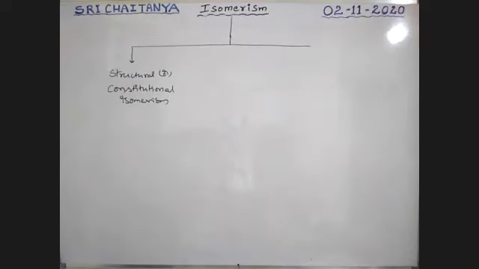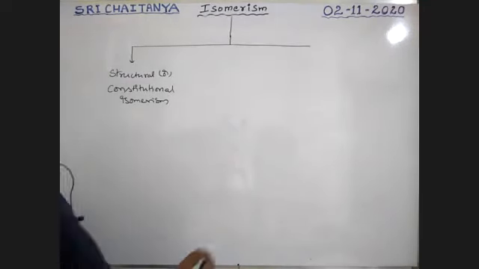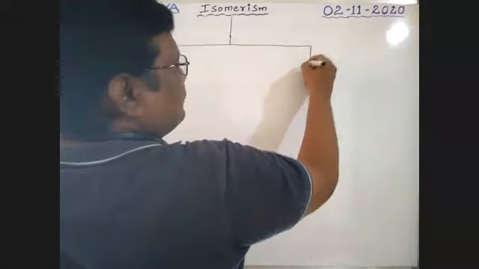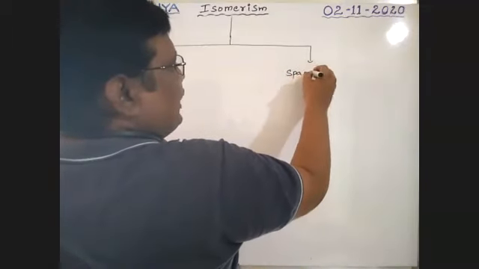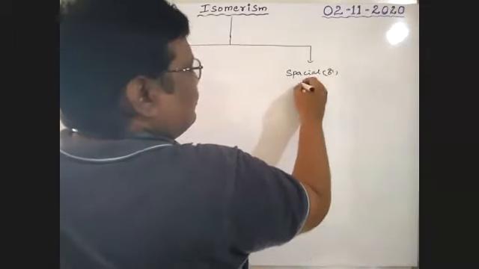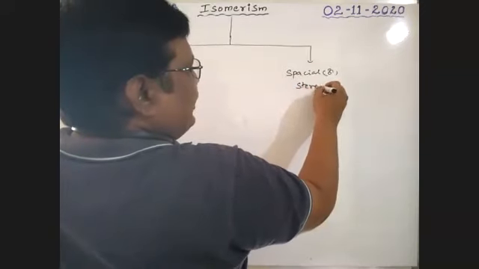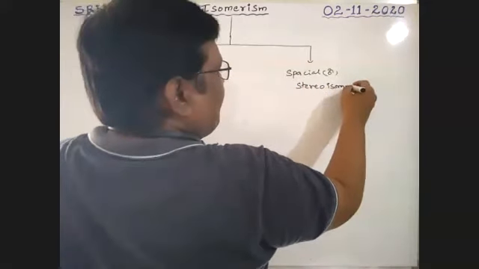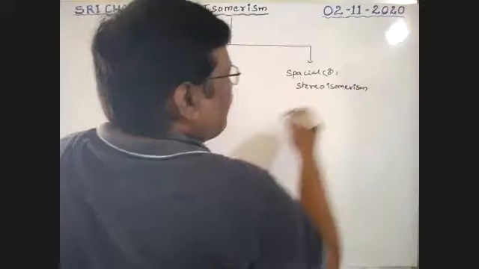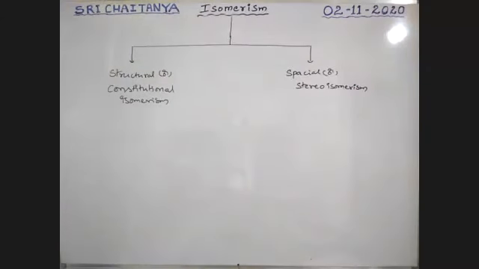The second one is spatial or stereoisomerism. So: structural or constitutional isomerism, spatial or stereoisomerism.